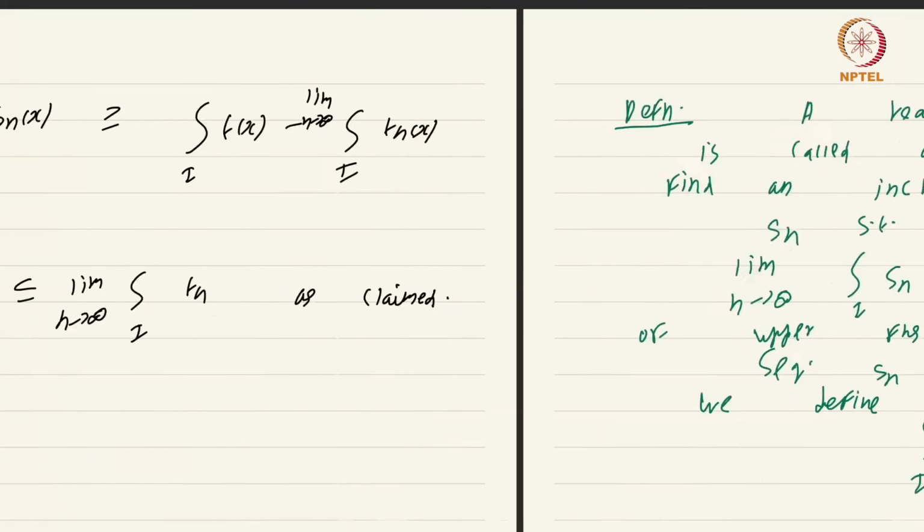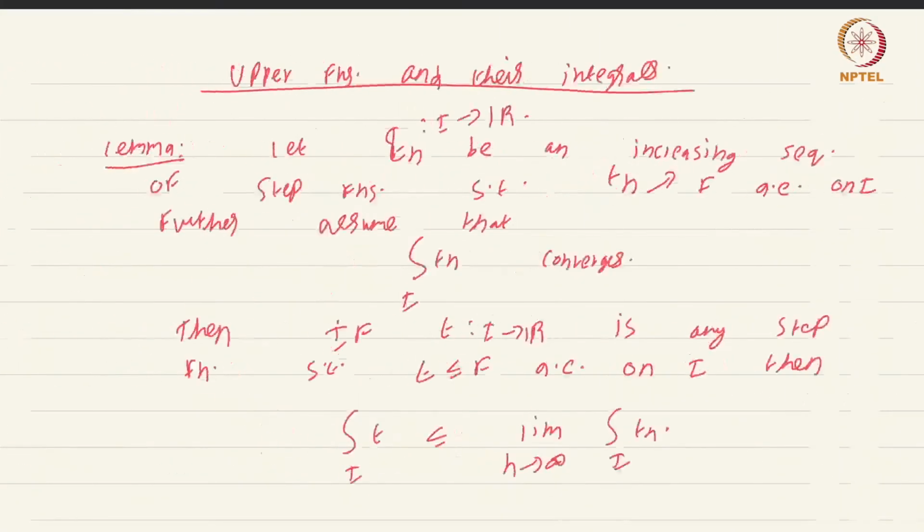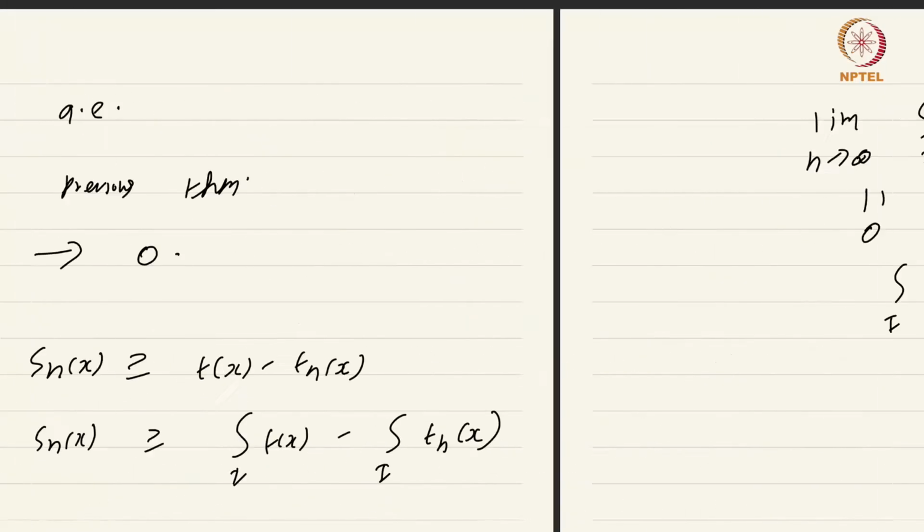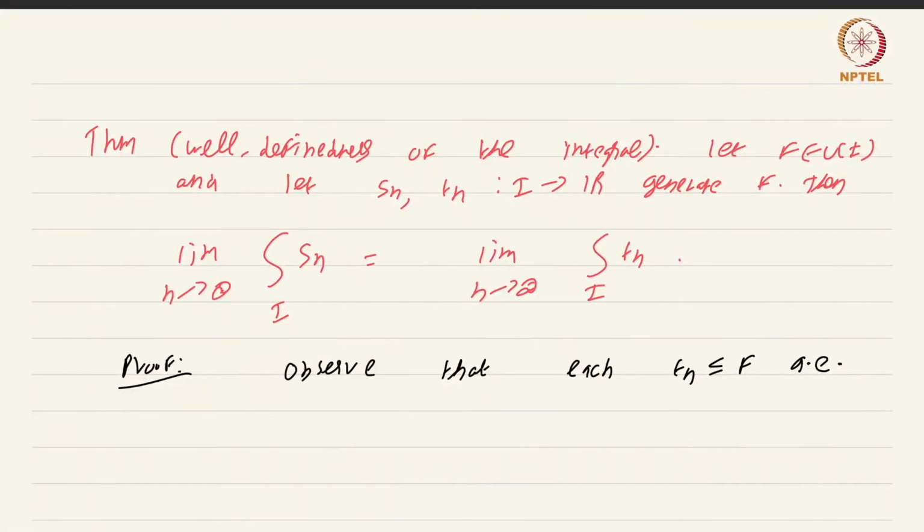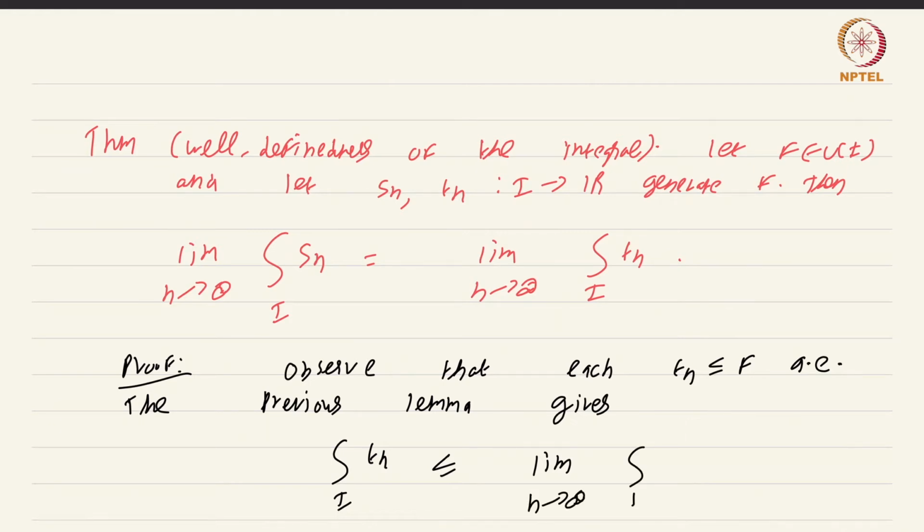So if you look at the previous lemma, it says that if you have a step function t which is less than or equal to f almost everywhere, and the sequence of functions Sn increases almost everywhere to f, then the integral of t is less than or equal to the limit as n goes to infinity of the integral of Sn. So the previous lemma immediately gives us that the integral over I of Tn is less than or equal to the limit as n goes to infinity of the integral over I of Sn.